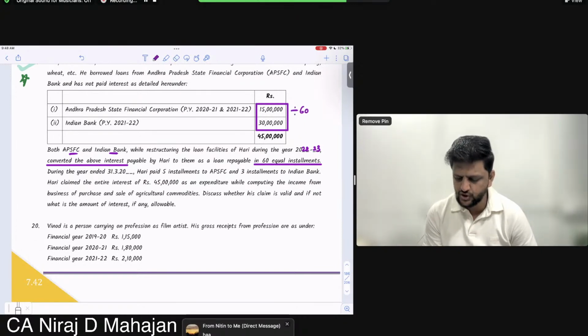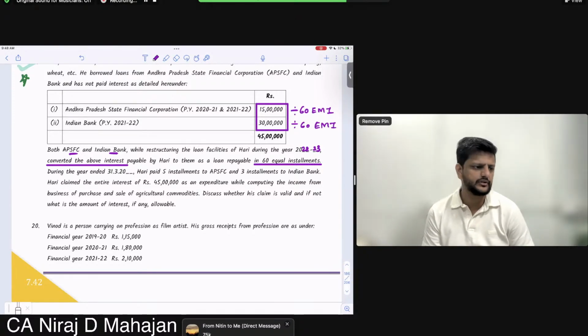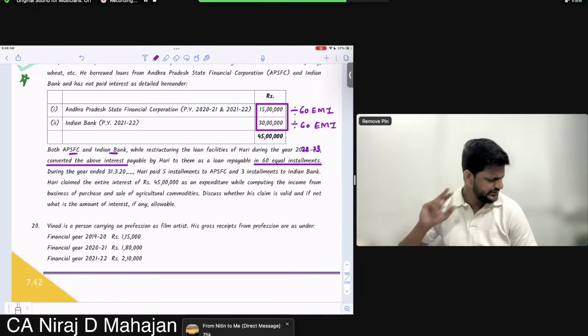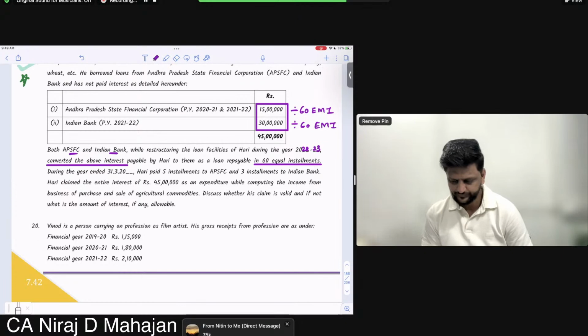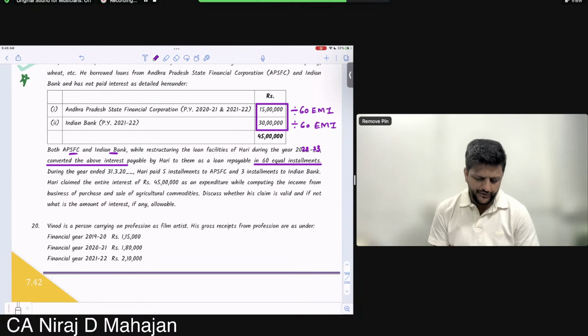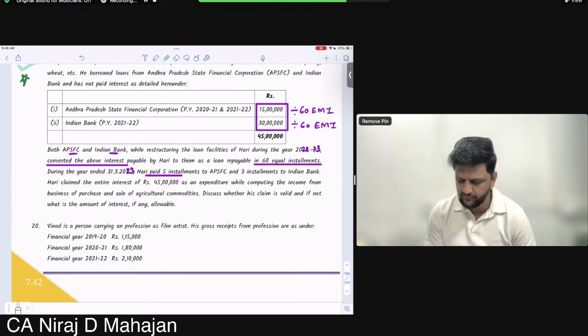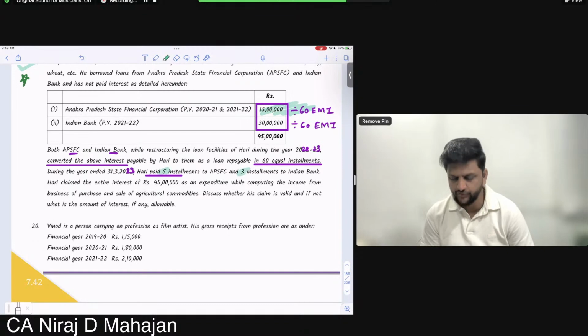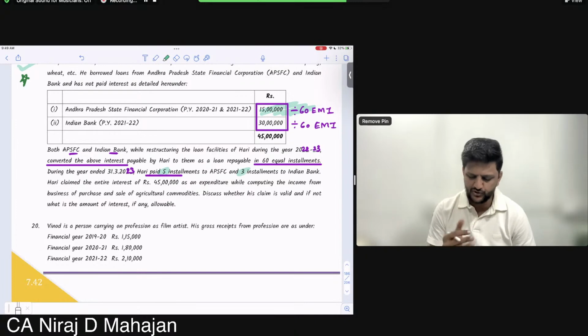Divide by 60 installments of EMI, or you can say a loan of 5 years, divided by 5 if you want yearly. During the year ended 31st March 23, Hari paid 5 installments of this amount for Andhra Pradesh, and 3 for Indian Bank.